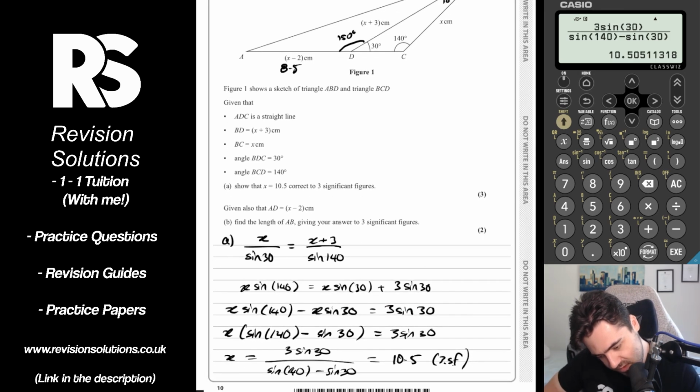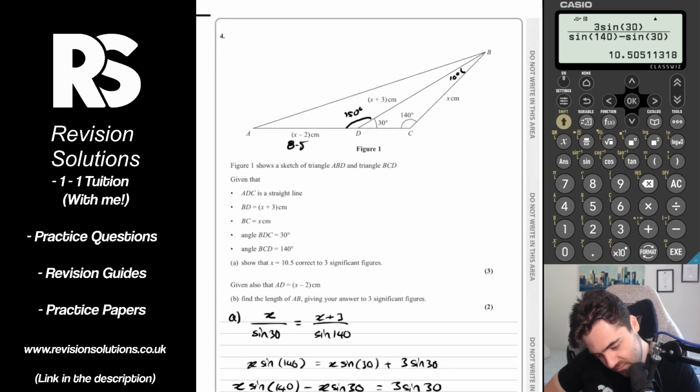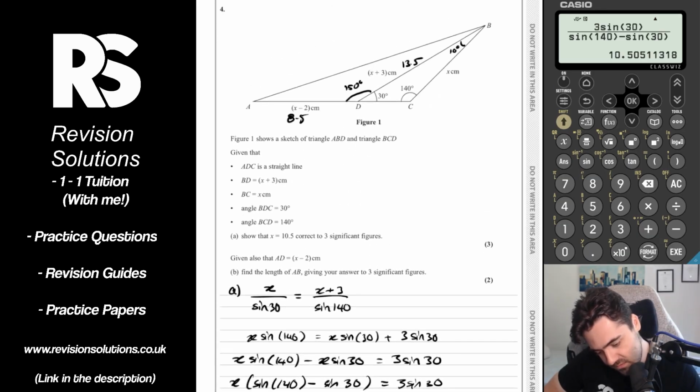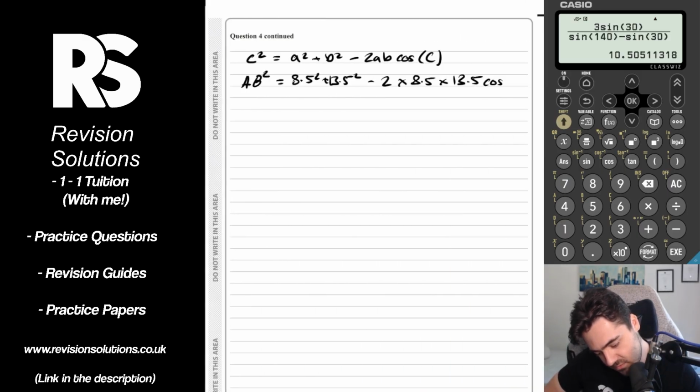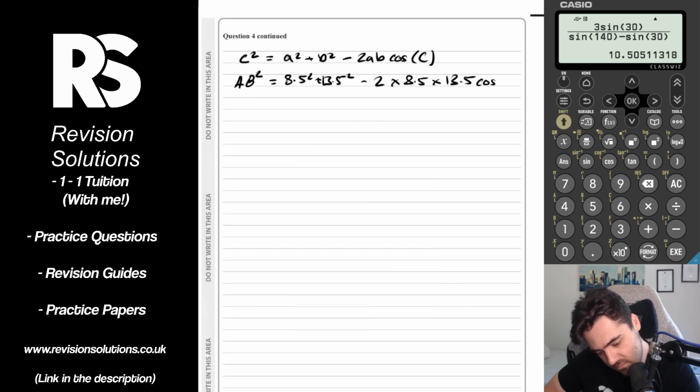And plus the 3, that would be 13.5. So then we're going to do 8.5 squared plus 13.5 squared, and then minus 2 times 8.5 times 13.5, and then times cosine of our angle, which was 150 degrees.